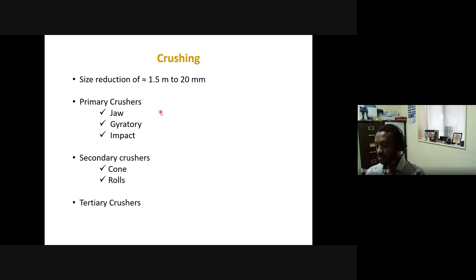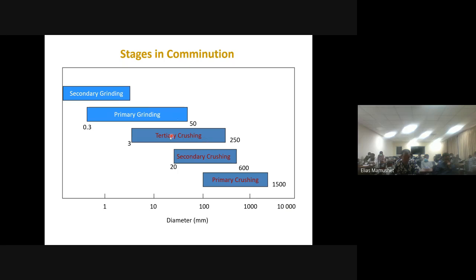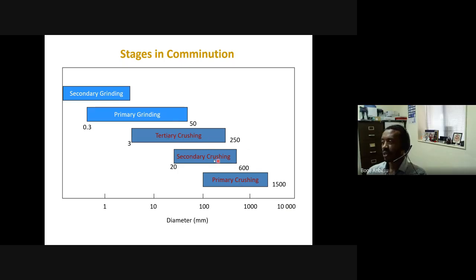So eventually the idea will be as a rough guide to produce these particle sizes during primary, secondary, and tertiary crushing. But again, as I said, it's not really strictly to produce one particular rock size.